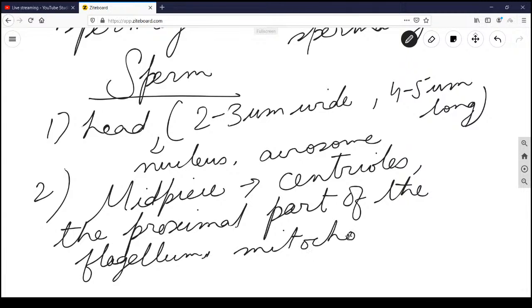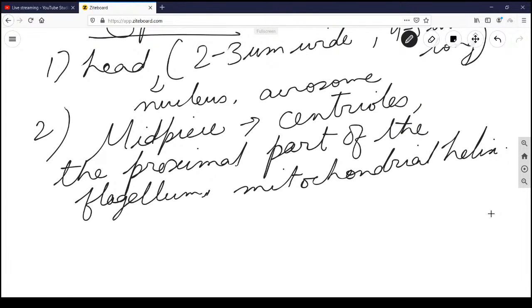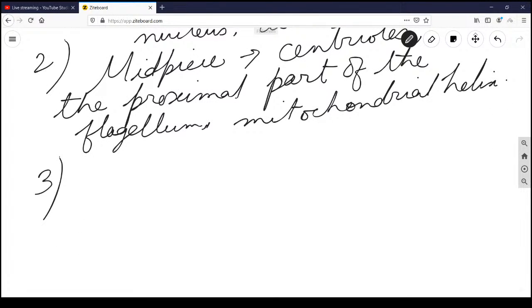I'm calling it a helix because that is a cluster of mitochondria surrounding the flagellum. Okay, helix. And then I can talk about the next part, which is the tail. Okay, the tail is about 50 micrometer long.